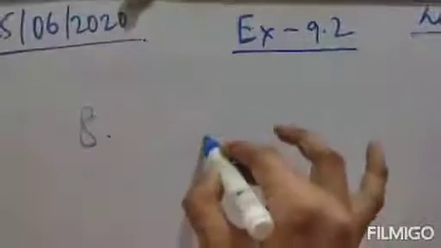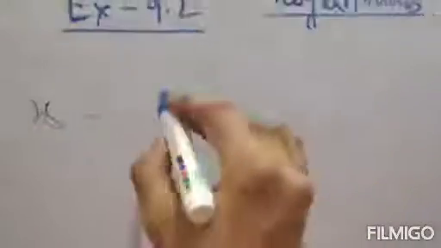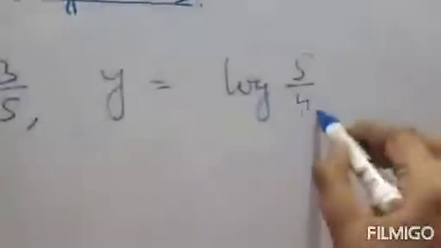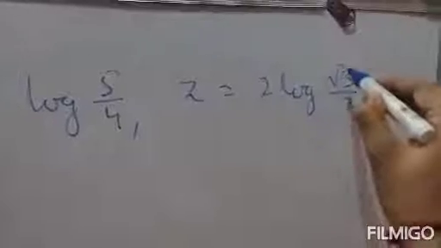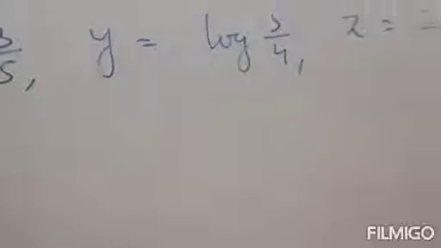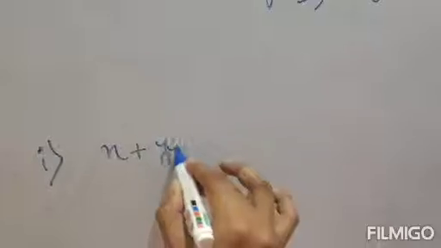The value of x is given as x equals log 3 by 5, y equals log 5 by 4, and z equals 2 log root 3 by 2. We have to find the value of x plus y minus z.